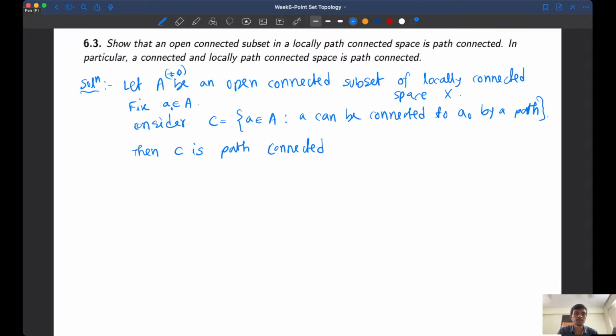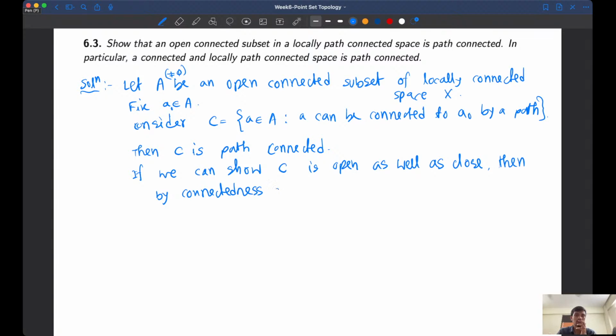Now I'll show that if we can show C is open as well as closed, then by connectedness of A, as a naught already belongs to this set, so that is non-empty, the only option is the whole of A. By connectedness of A, we have C equal to A, since C is not empty.